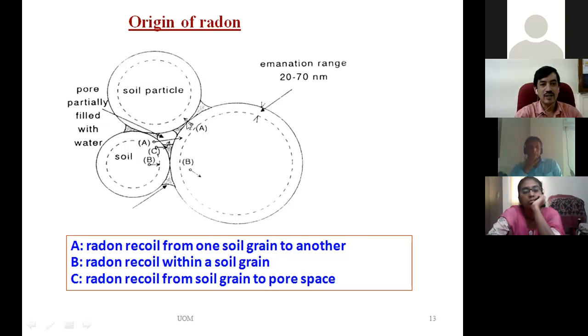But there is a possibility of another soil grain being present, and this radon may be trapped in the second soil particle. That means from this soil particle, radon will go to the second soil particle, and it cannot come out of it.